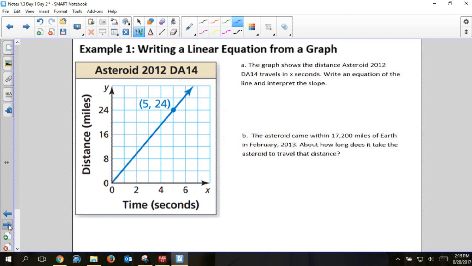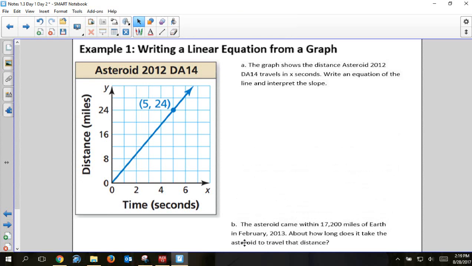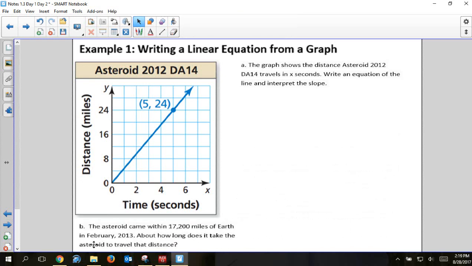All right, so here is a linear equation that is graphed. It says that the graph shows the distance asteroid 2012 DA14 travels in x seconds. Write an equation of the line and interpret the slope.